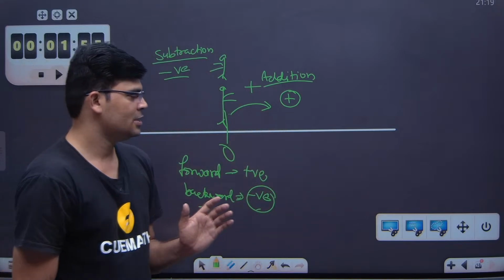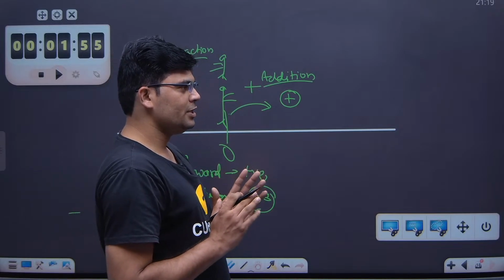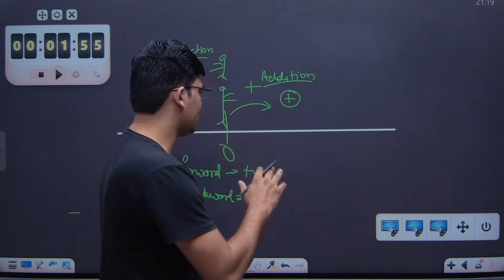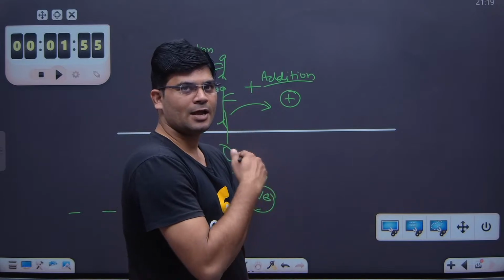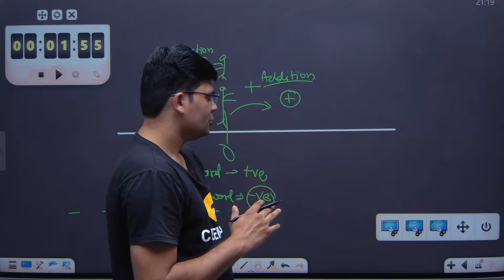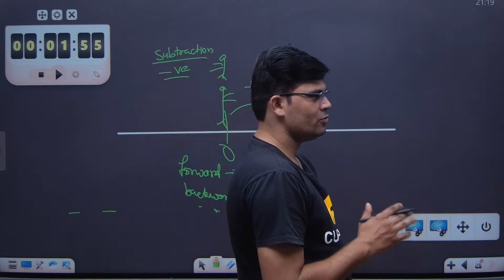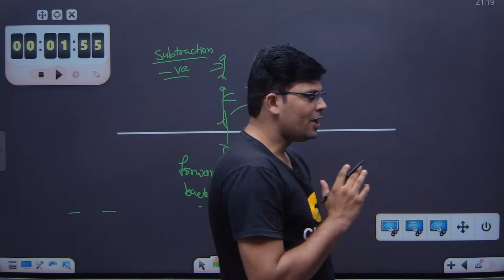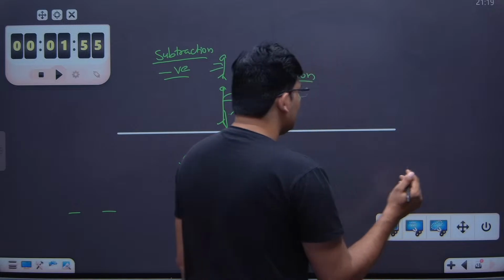Now say this. When I am facing towards the right, from your perspective, I am going to move towards the right. So if I am moving towards the right, I am moving forward. If I am moving forward, both the numbers are positive.